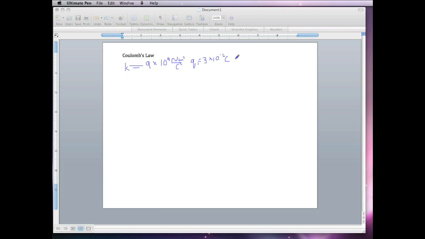We'll let Q2, the second charge, be 4 times 10 to the minus 6th coulombs. And we'll let the distance between the two charges be half a meter.